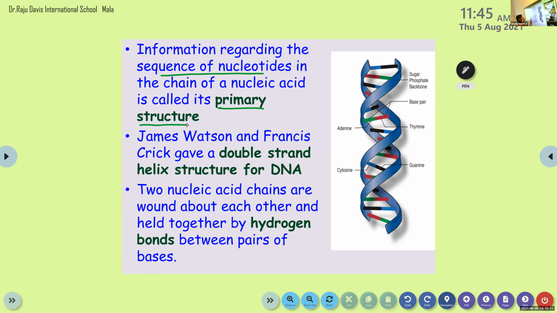And James Watson and Francis Crick gave a double strand helix structure of DNA, that is depicted in the image.